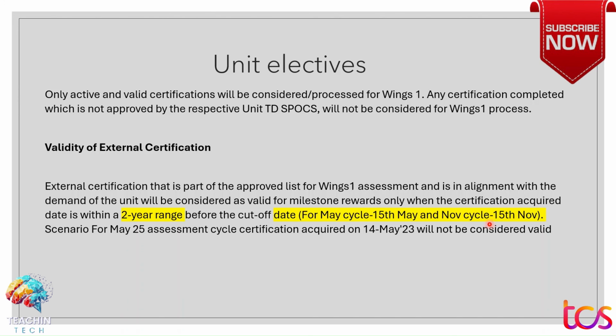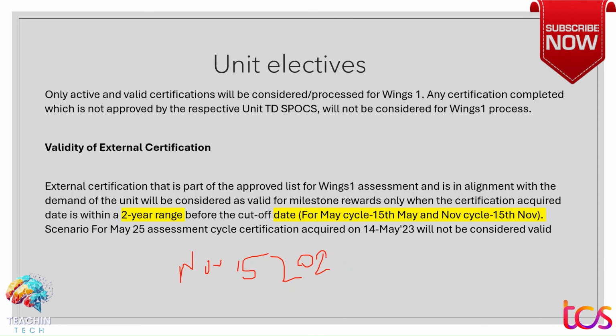It should not be November 14th 2022. You got this point, right? Let me write here. So it should be from November 15th 2022 if you are uploading for this cycle.